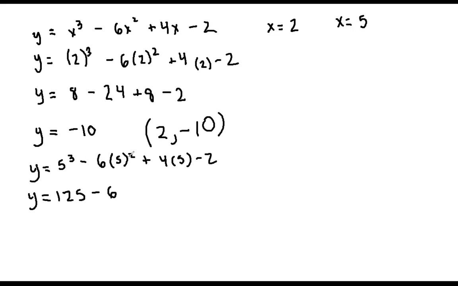Minus 6 times 5 squared, which is 25, plus 4 times 5, which is 20, minus 2.